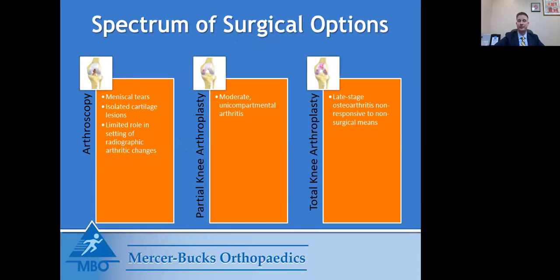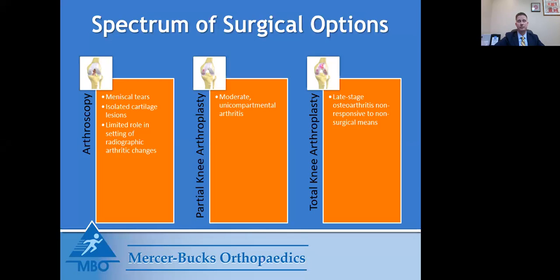Now, its role in the treatment of arthritis is not very well defined, and it is actually not recommended for purely an arthritic knee. Typically, we're doing arthroscopy to address issues present in conjunction with arthritis, such as meniscal tears, isolated cartilage lesions that can potentially be grafted or reconstructed, or loose bodies or a significant amount of synovitis that's interfering and causing pain.